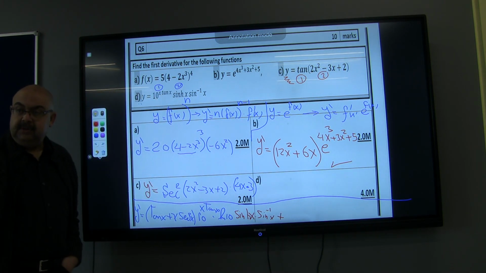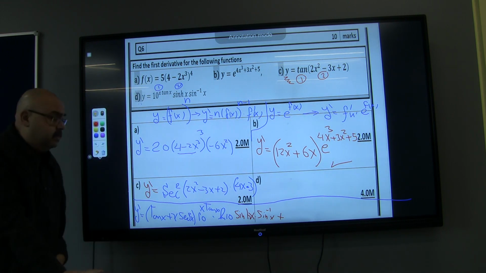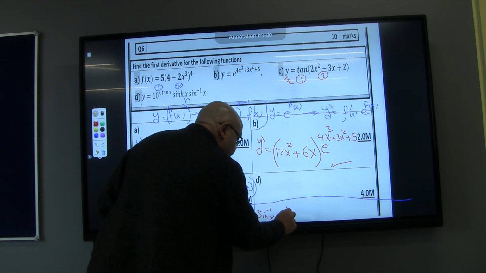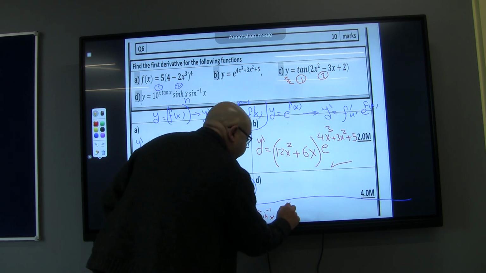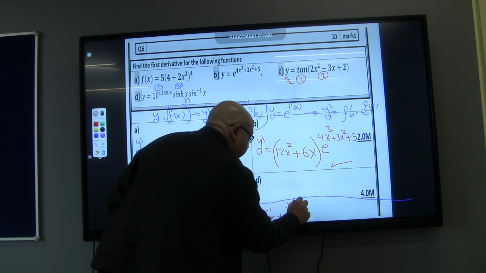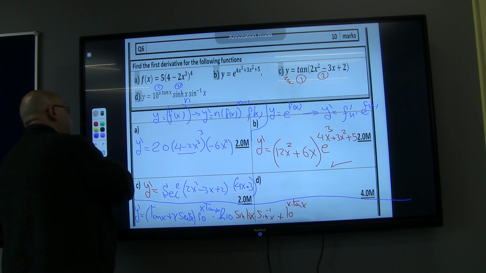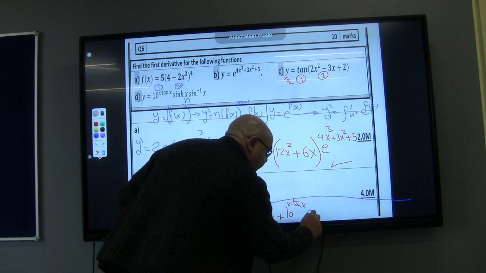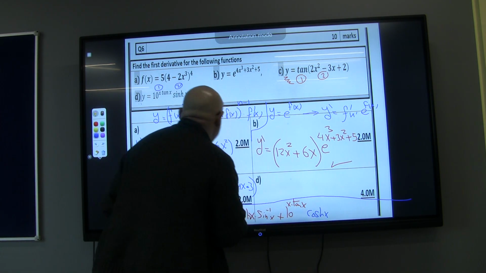I will repeat it. The first part will remain the same, which is simply going to be 10 to the power of x tan x. Then I will differentiate the second part, which is simply going to be cosine x.